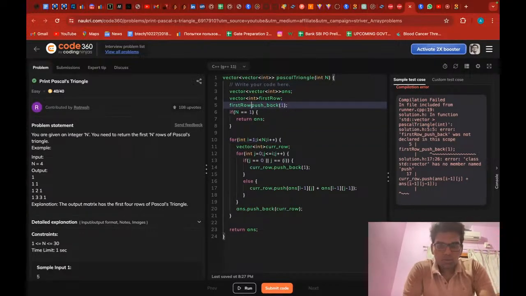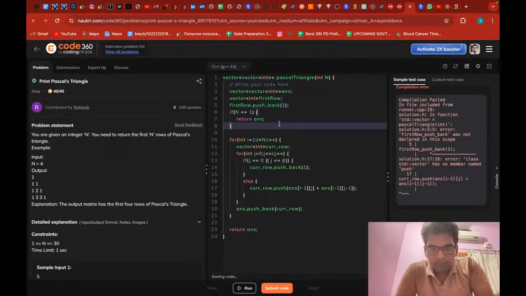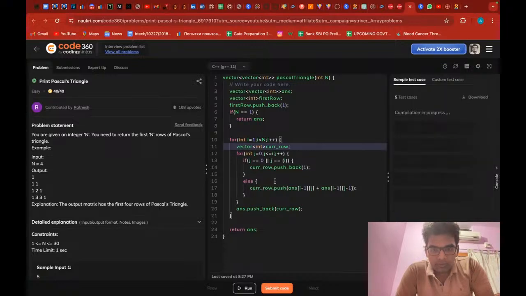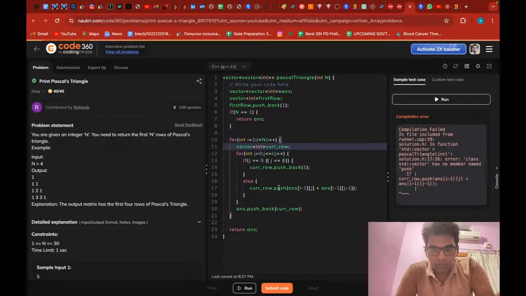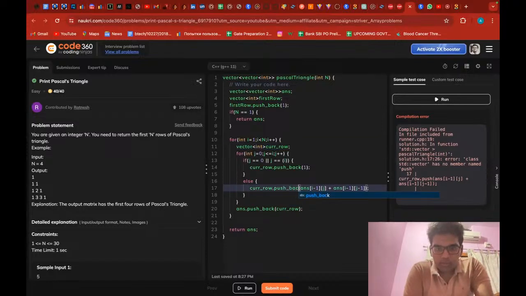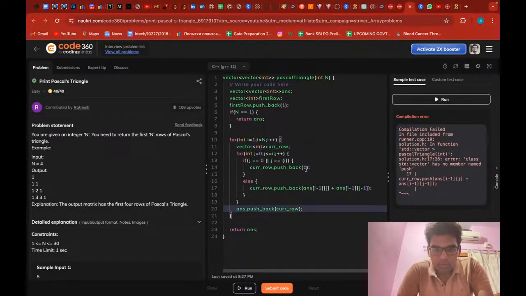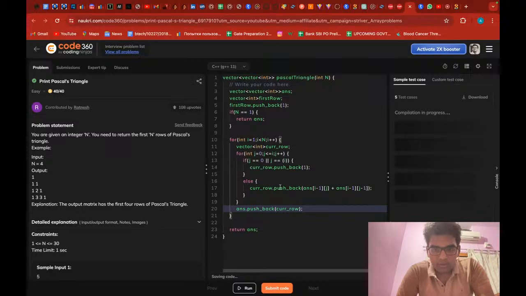Okay, first row dot push back, I have missed that. Again there we have to push back, and after that answer dot push back current row, and run.